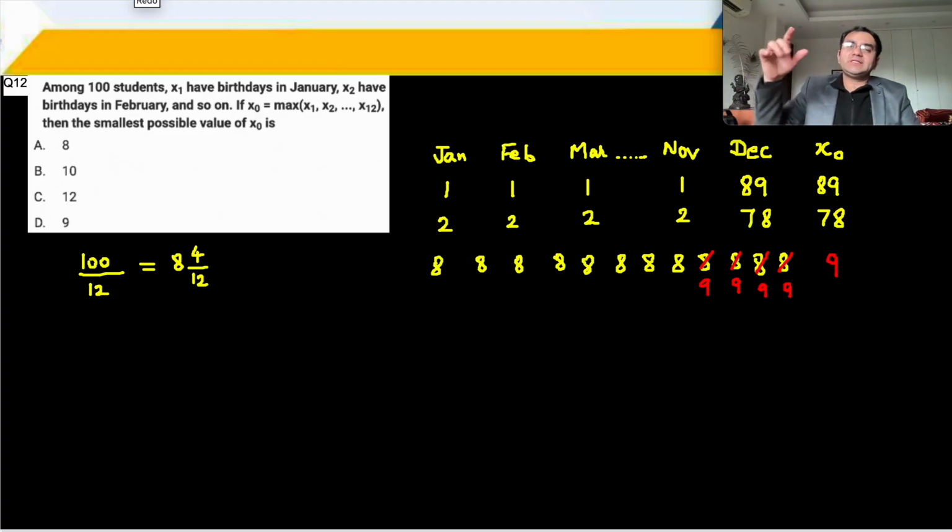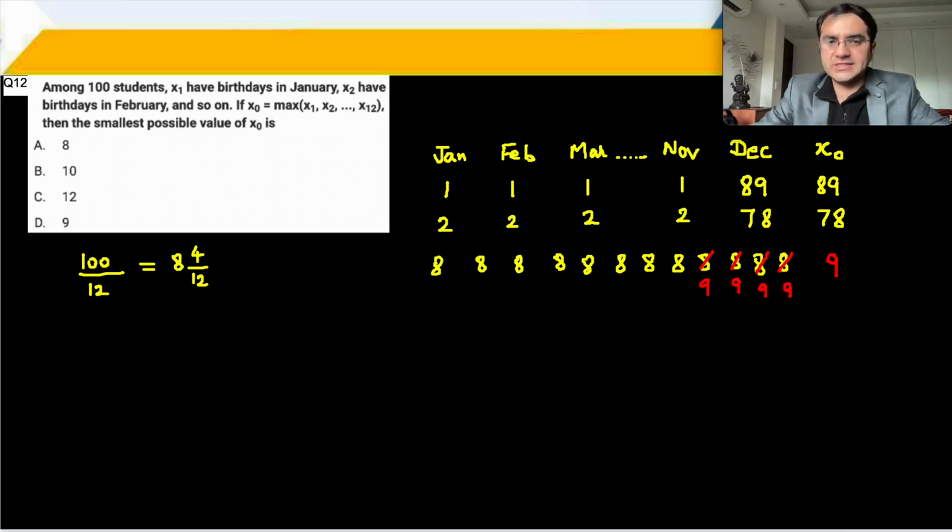So you can see that as you started keeping the values closer together, your x naught started to decrease, and so your final answer for the smallest value of x naught is 9, and that was a nice question. Okay, 9 is the right answer.